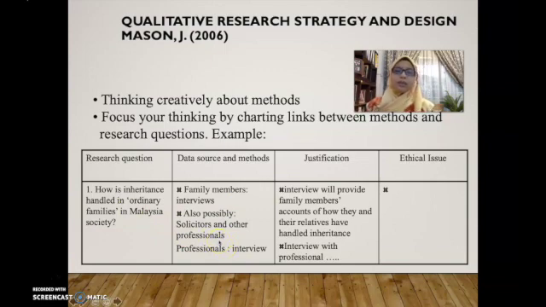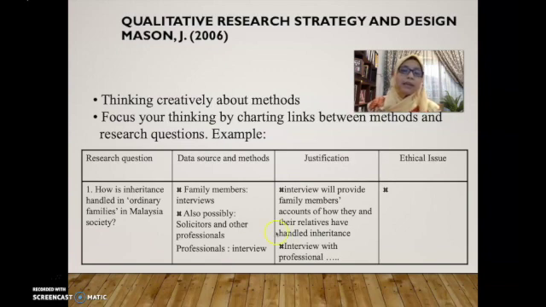So to do this, you're going to run an interview in order to get the answer for this particular research question. So the main data source will be the family members, where you're going to use an interview method, and you're going to interview as well the solicitors and other professionals.